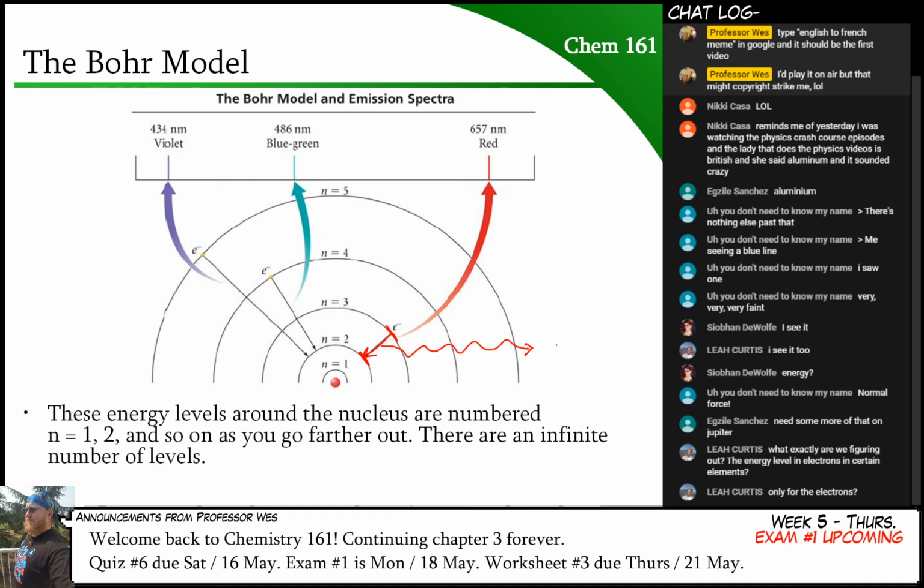the light that gets given off has 656 nanometer wavelength. Or 657, sorry. Close enough. If I fall further than that, so if I go from 4 to 2, then the light that's given off has a lower wavelength because it has a higher energy.